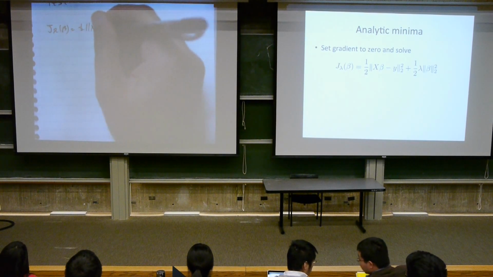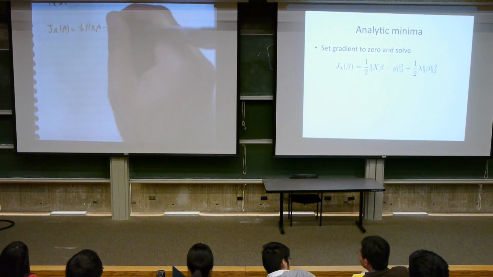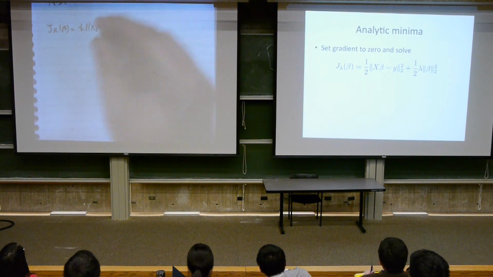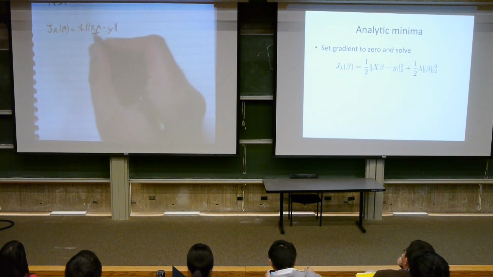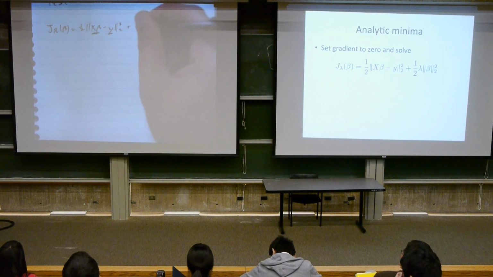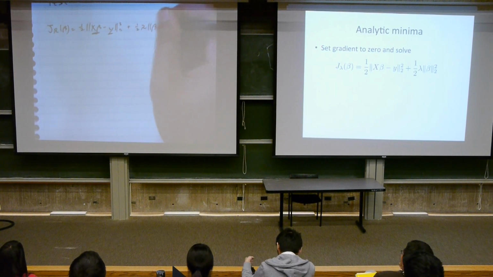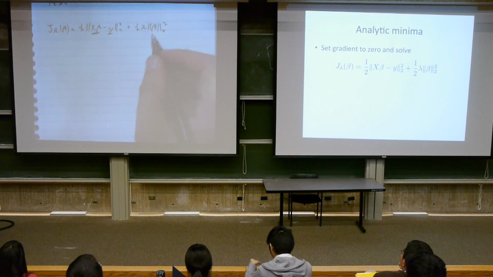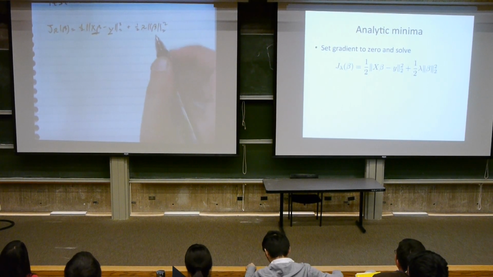So this is the loss function that we have: the difference between our linear predictions and the true values, plus a penalty on the size of the betas, which is equivalent to a Gaussian prior.